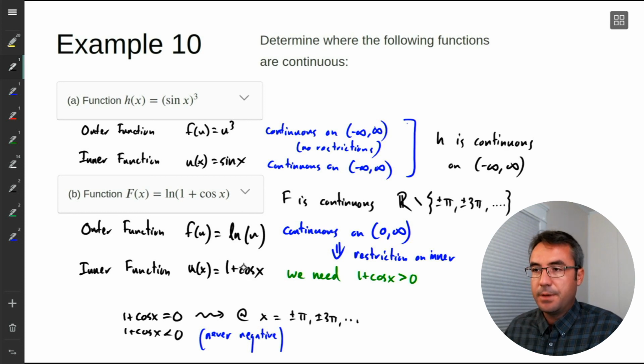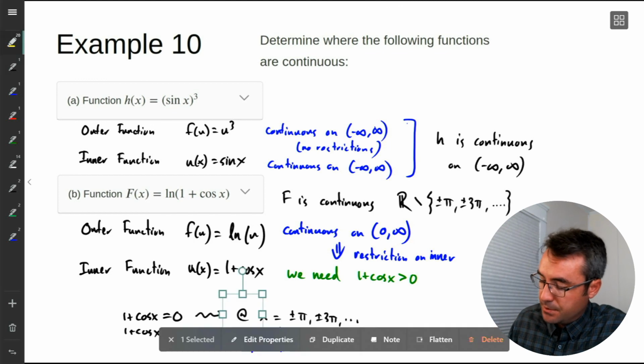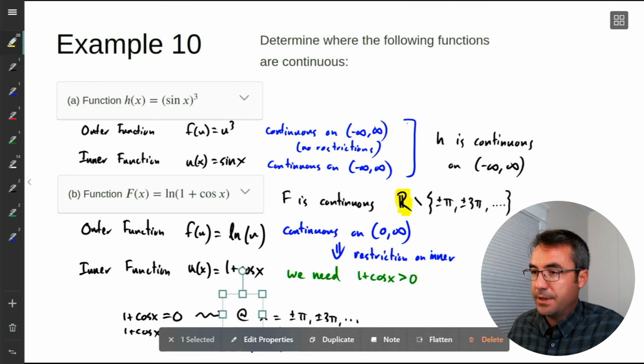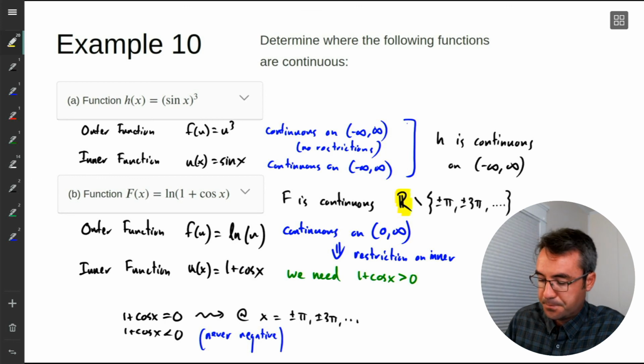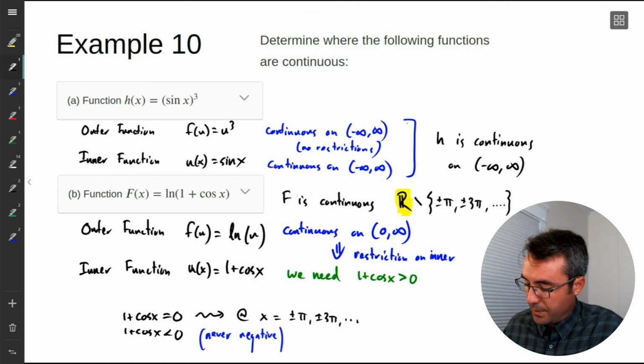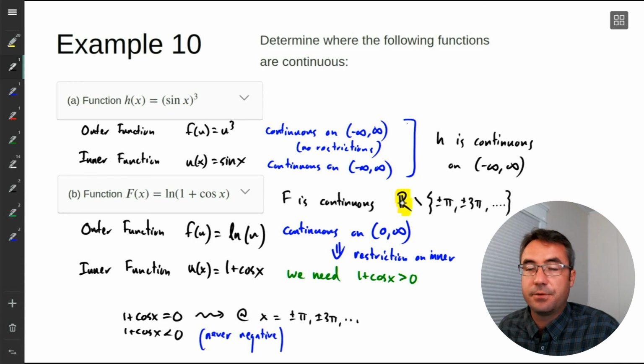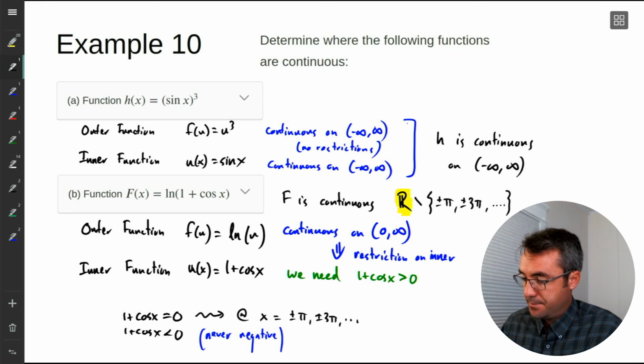There's no limit to what we plug into 1 plus cosine x, so that's why we can start with our real numbers. Another way to think of that is the interval from minus infinity to infinity. There's no restriction on our inner function, so we can plug in anything.